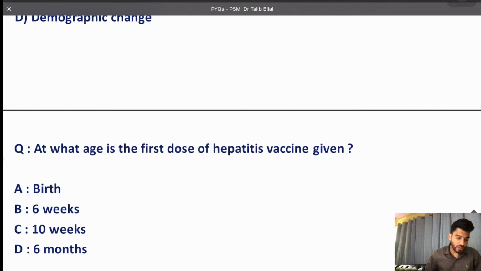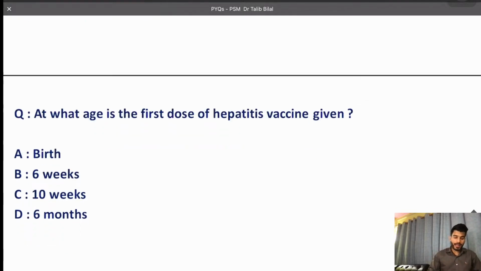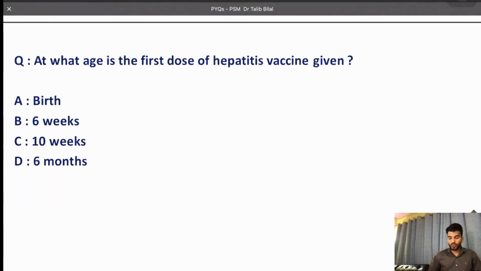Write down in the comment section what your answer is. At what age is the first dose of hepatitis B vaccine given? Very good. It is at birth. Your answer will be at birth.